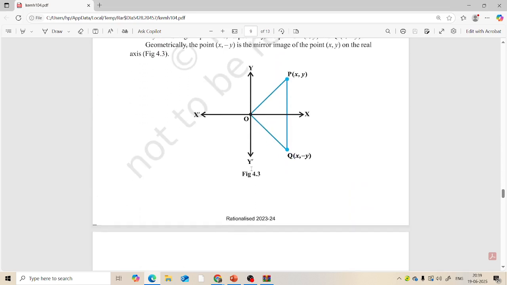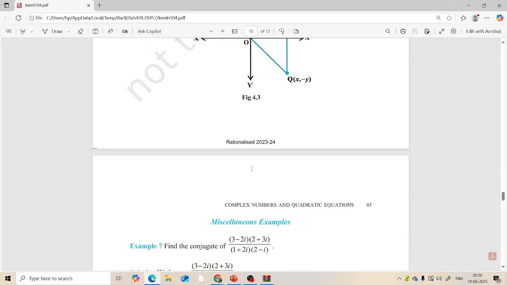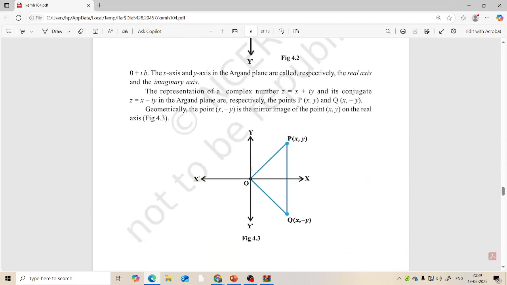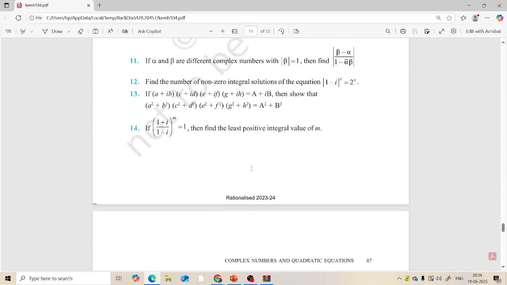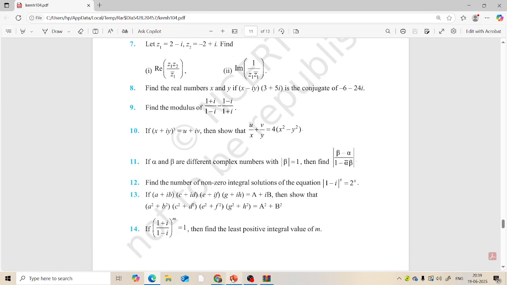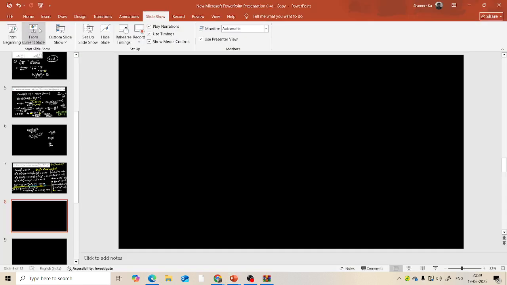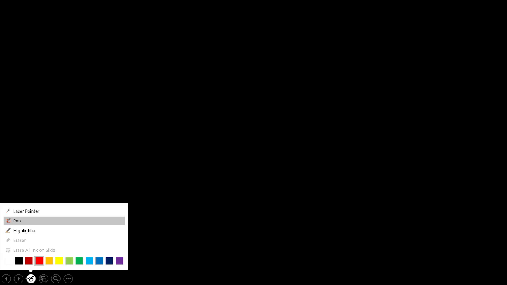Some parts are deleted from the syllabus. So only modulus based questions are remaining in the exercise. That one I will discuss. So this is the last topic. Only a few problems are given in the NCERT miscellaneous exercise. So the next heading is modulus of a complex number.